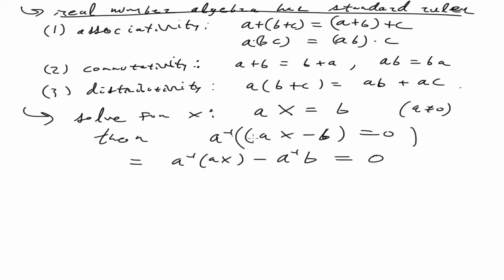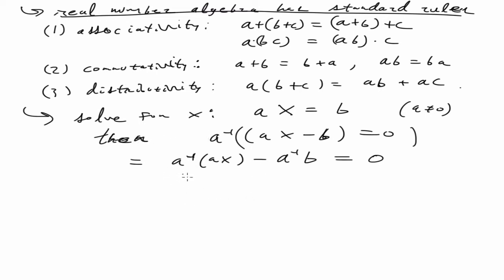Because 0 always multiplies by anything to get 0, it's the only number that doesn't have an inverse. You can't undo that operation. Once you multiply by 0, you can't undo it. And that's the whole idea behind 0 not having an inverse.